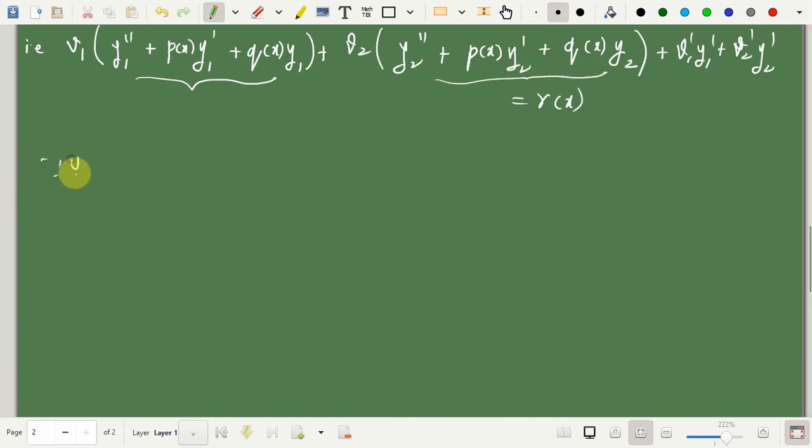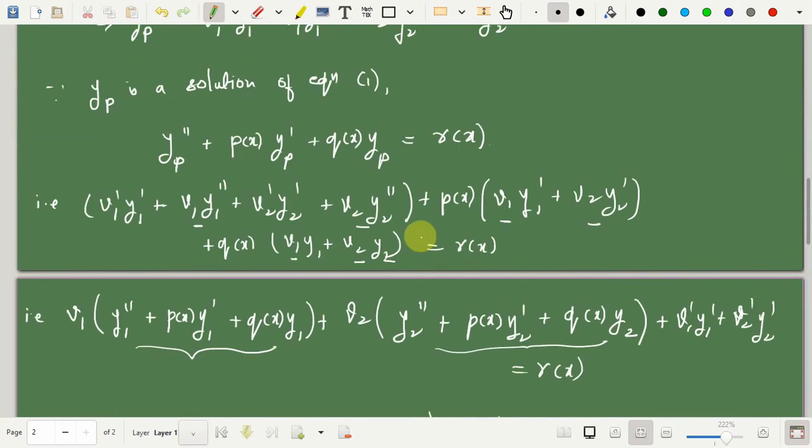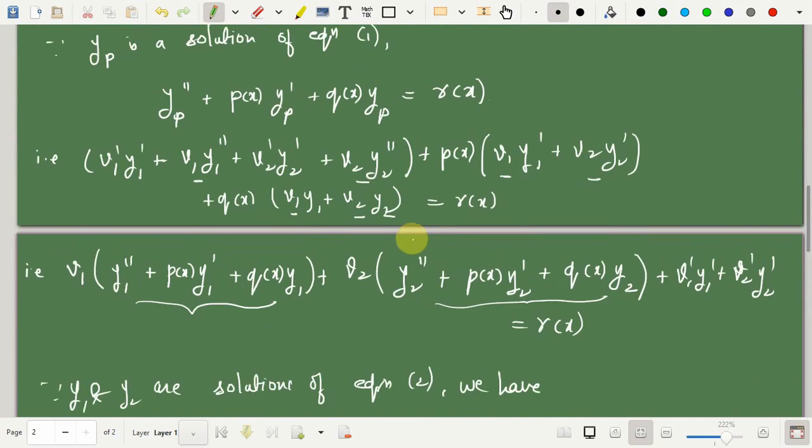So since y1 and y2 are solutions of equation 2, this term and this term will become 0, and so we will have v1 prime y1 prime plus v2 prime y2 prime is equal to r of x. This is one of the conditions that we get by substituting this yp in equation 1. So this is equation 9.